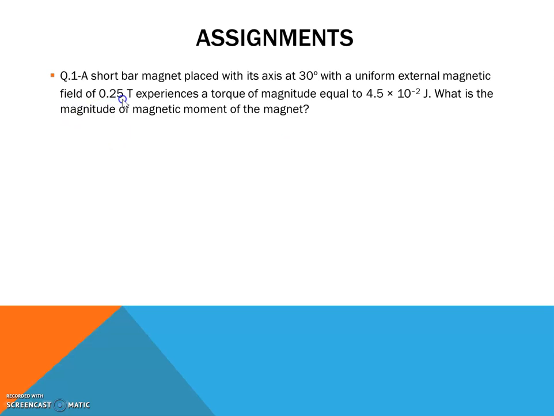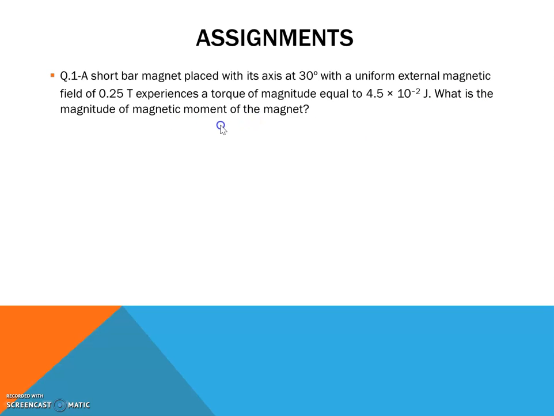Magnitude of magnetic field is 0.25 Tesla. Torque experienced is 4.5 times 10 to the power minus 2 joule. Now you have to calculate the magnitude of magnetic moment of the magnet.